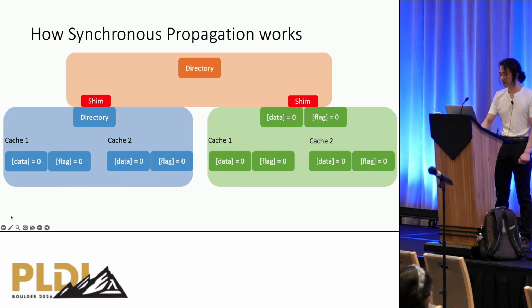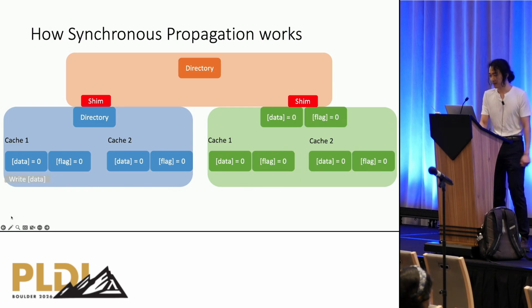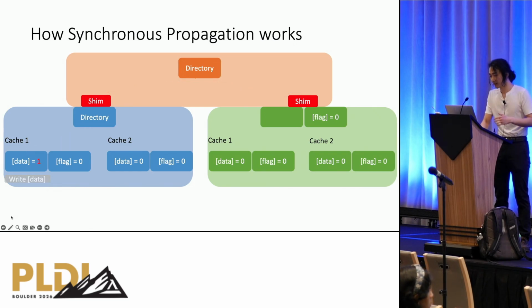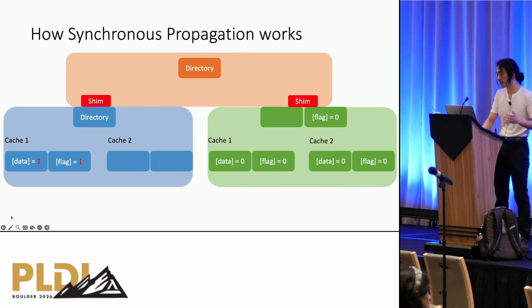So when the CPU writes data value 1, it sends this request to the directory, and the shim will then intercept the message and synchronously propagate it into the global protocol as a global invalidation, and the local write does not complete until that global step does. So the global invalidation needs to reach the GPU, invalidate the copy of the data in the GPU's LLC, but not change its local cache. And the write of flag to 1 does the same thing, invalidating the GPU's copy in the LLC of flag.